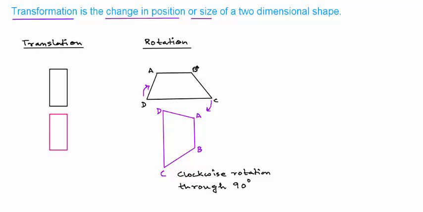If the same shape were to be rotated in the counterclockwise direction, that would mean B goes on the top, A comes down, and C goes on the top, and D comes down. This is the counterclockwise direction, right? Or the anti-clockwise direction. So we will have BA coming down like this, and CD like this.